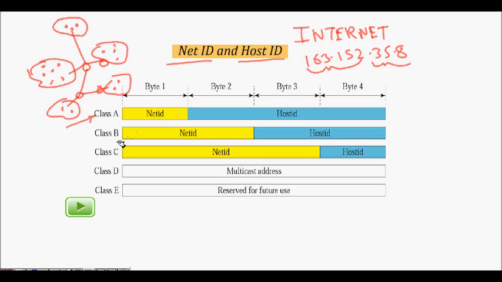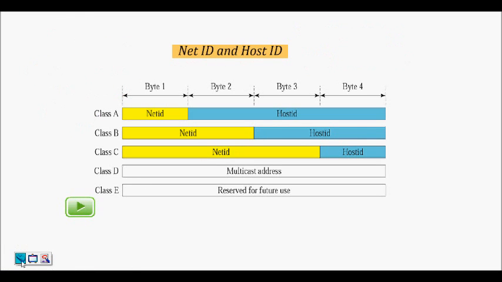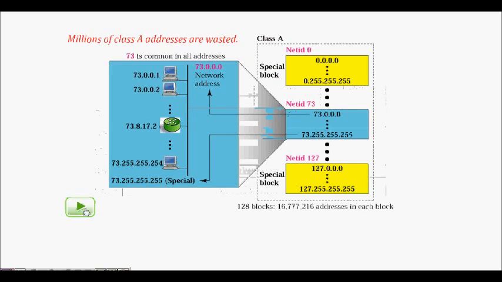For class B you have the first 16 bits for the network ID and 16 bits for the host ID. For class C you have 24 bits for the network ID, okay, and you have just 8 bits for the host ID, okay. So let's proceed. Now we will look at class A.